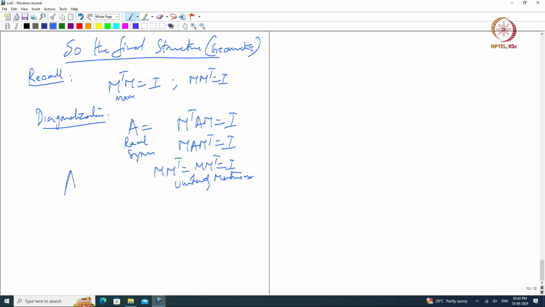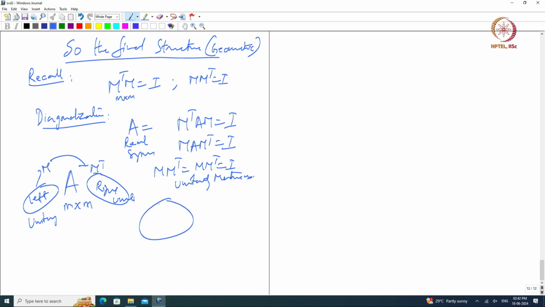So, for A, which was M cross N, you wanted a left operator which was unitary, I mean M cross M. You had a right operator which was simply the transpose of that. If this was M, M transpose did the job, it was also unitary. All come from the same space Rm.